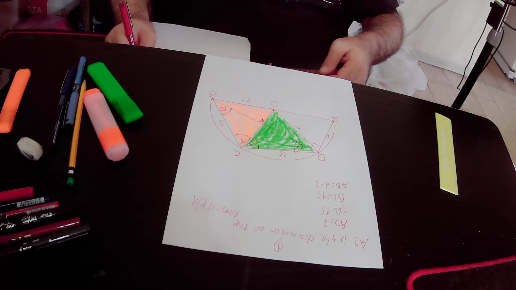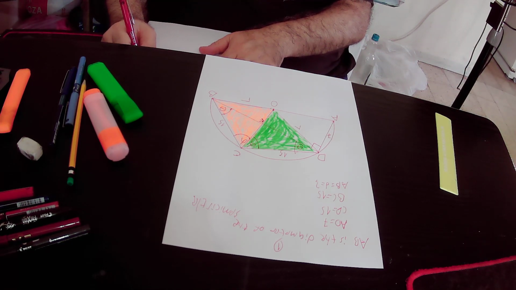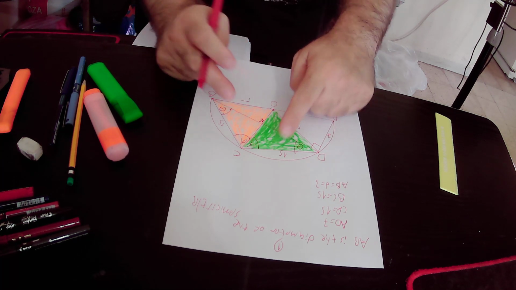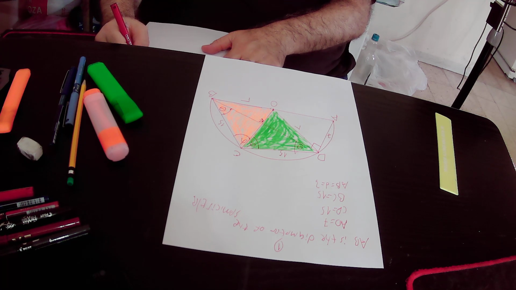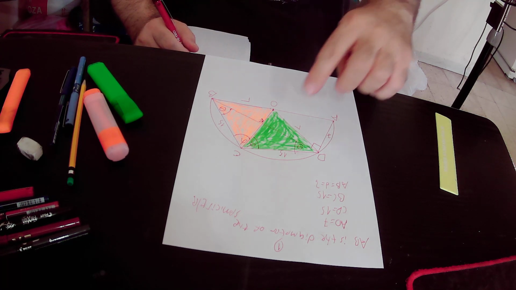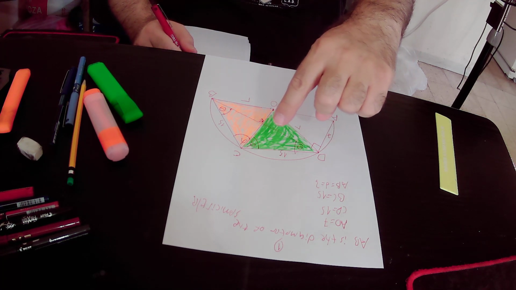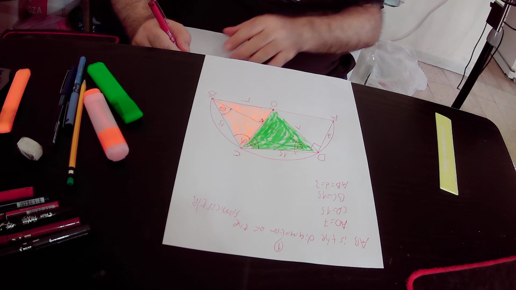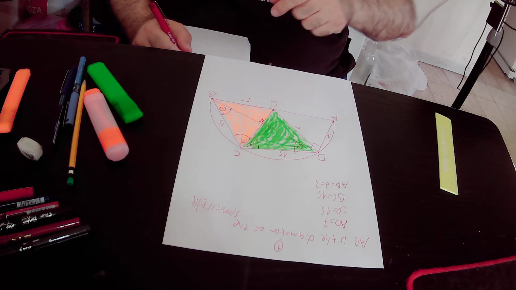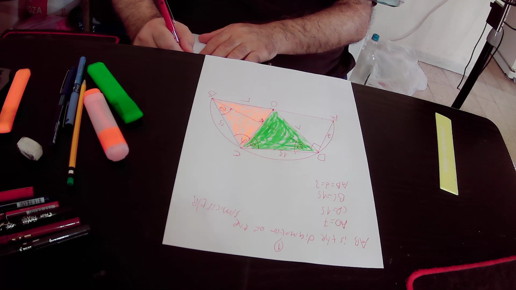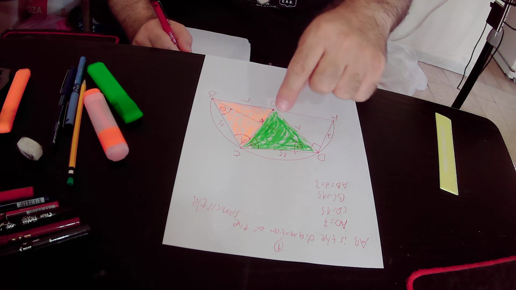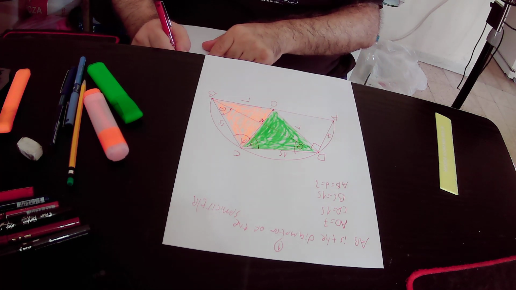So actually, in those two triangles, the green triangle and the orange triangle, we know that DC, the side of the green triangle, is equal to CB, the side of the orange triangle.